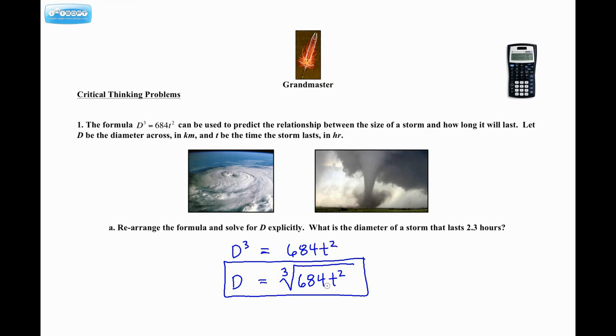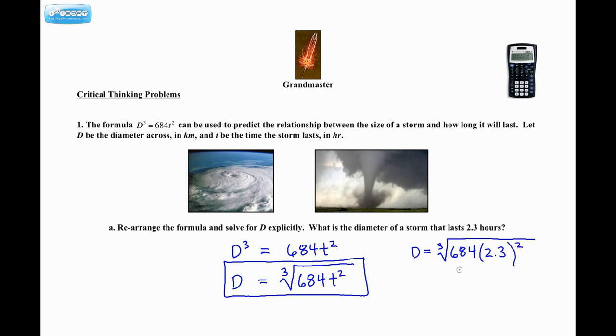And now we're asked to determine what diameter of a storm lasts 2.3 hours. So this number is t. They're just giving us a specific value for t. So I'm going to replace t with 2.3. And then of course it's being squared.